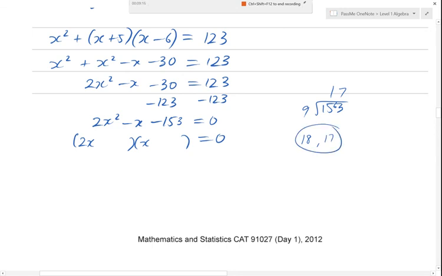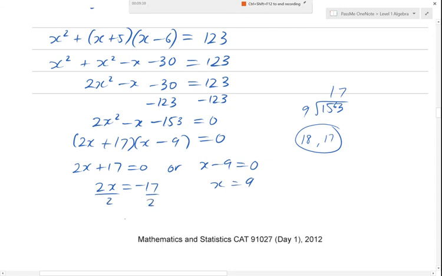We're going to have minus 9 and positive 17, and those give us our two possible solutions. So either 2x plus 17 equals 0, or x minus 9 equals 0. So 2x equals negative 17, or x equals 9, dividing both sides by 2, x equals negative 8.5.